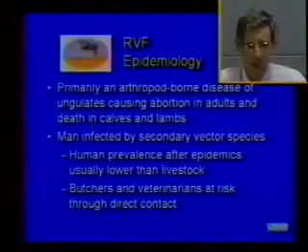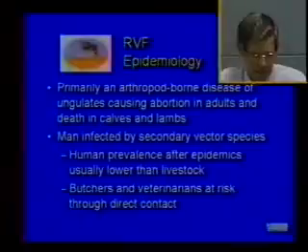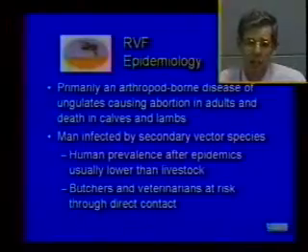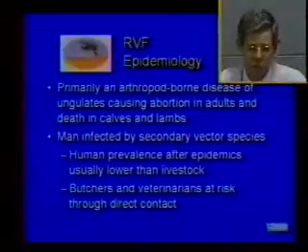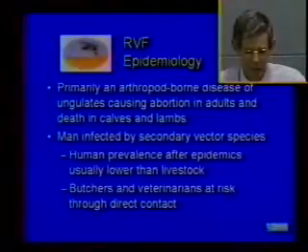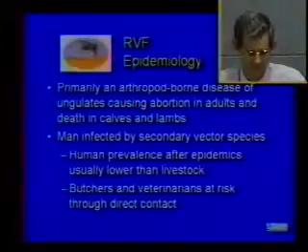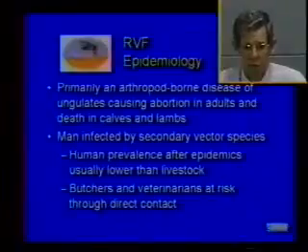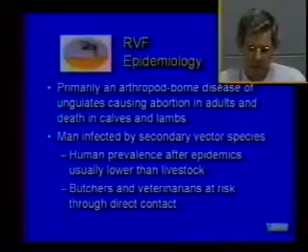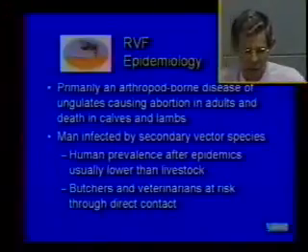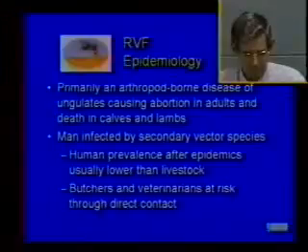Now man, by that I mean the species rather than the gender, is usually infected by secondary vector species. So the primary cycle involving mosquitoes involves domestic animals, and man becomes infected by other mosquitoes, not the primary species that is transmitting the disease amongst the livestock, but a secondary species transmits it to humans.